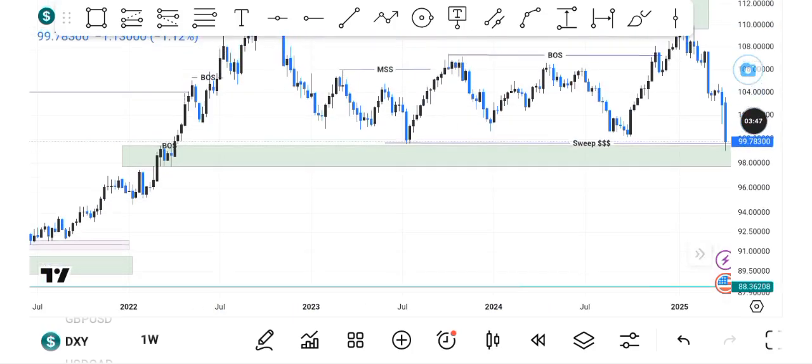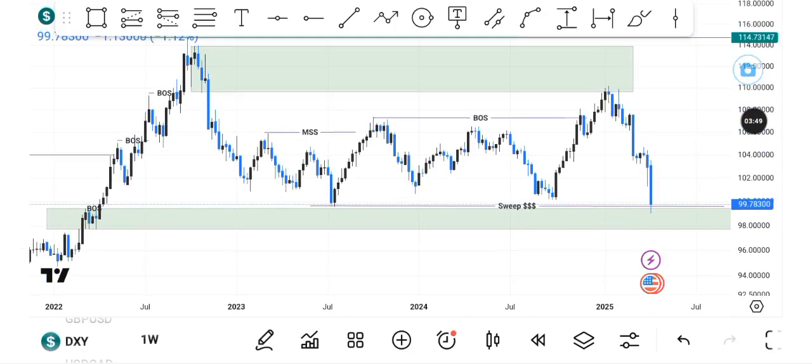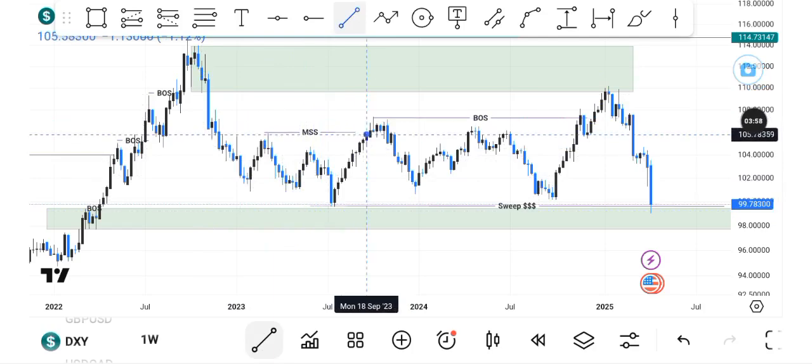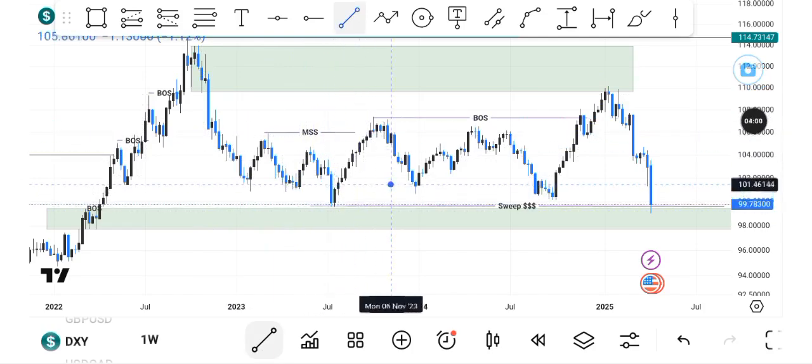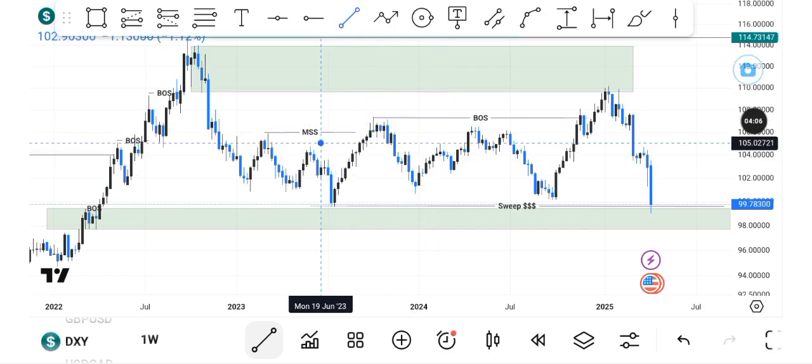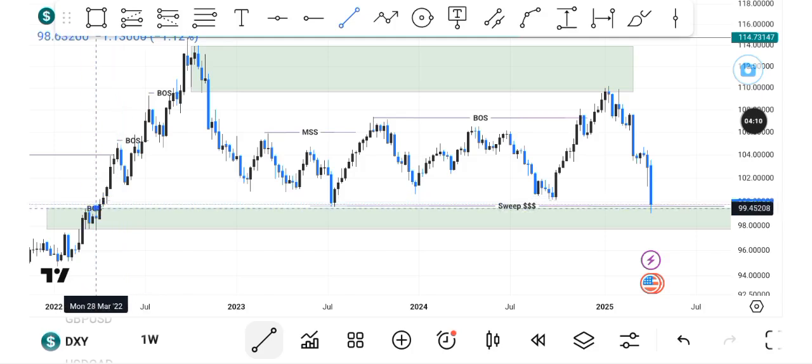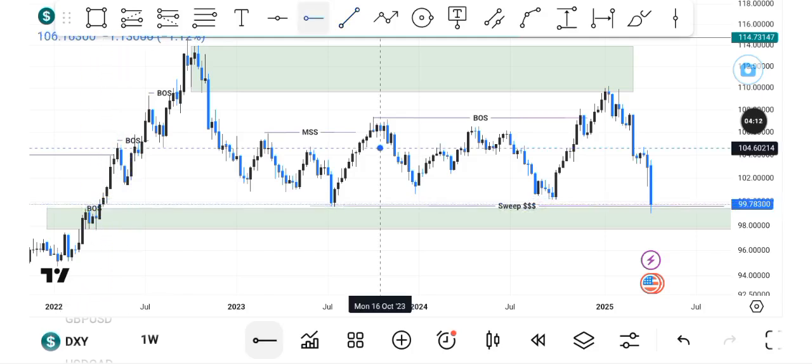Remember when you look at this, the origin that caused a market structure shift, it came down and tapped into the imbalance, giving us a break of structure, which has already reacted, retested this order block, or what those guys will say is support.